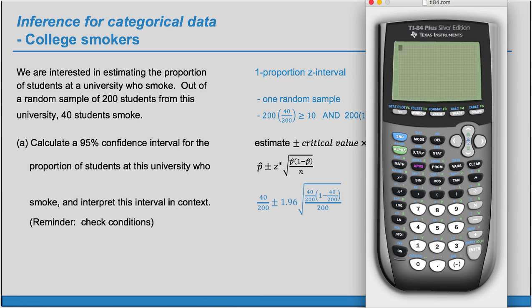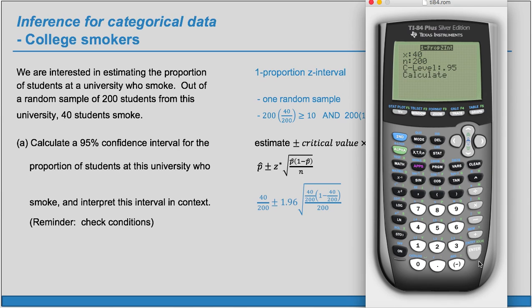So we can pull up a calculator and do a shortcut and go to Stat Tests. This is a one proportion Z interval, so that's 1-PropZInt. X is the number of yeses, which in this case is 40. n is the sample size of 200. Our confidence level is 0.95, and so we can do calculate.